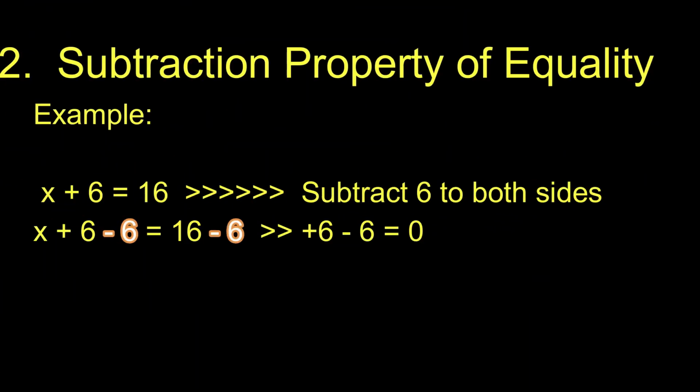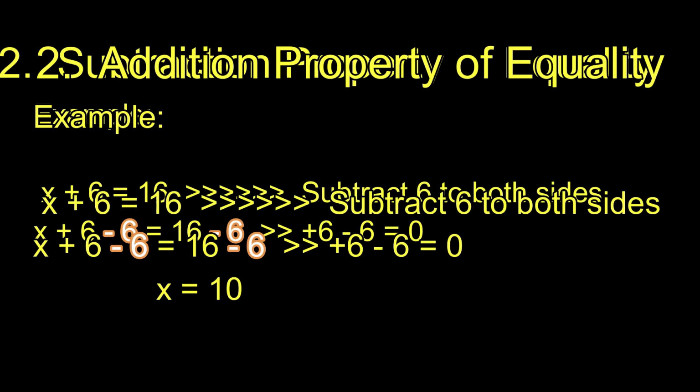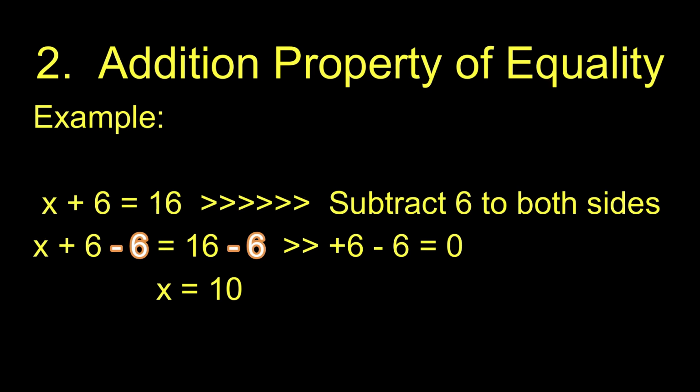So x plus 6 minus 6 equals 16 minus 6. So positive 6 minus 6 is 0 already, kaya magiging x na lang. So 16 minus 6 equals 10. So x is equals to 10.